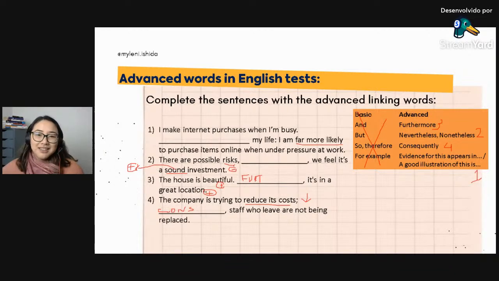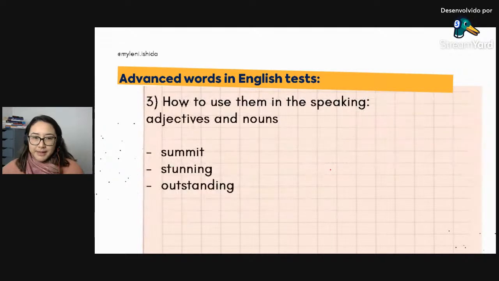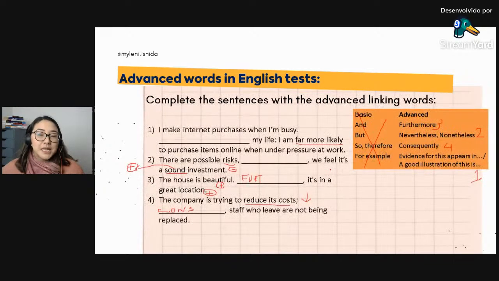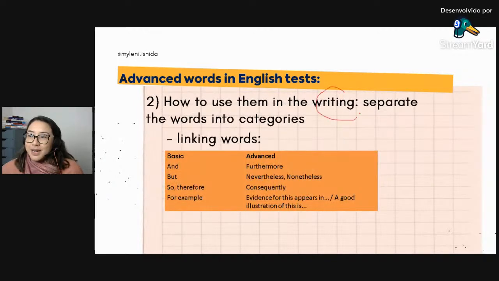It's a sound investment. Okay? Very good. I'm sorry I can't use my pen. So this is one example of how you can have basic words, but you can choose to use more advanced words. Remember, I'm going to highlight this is for the writing.